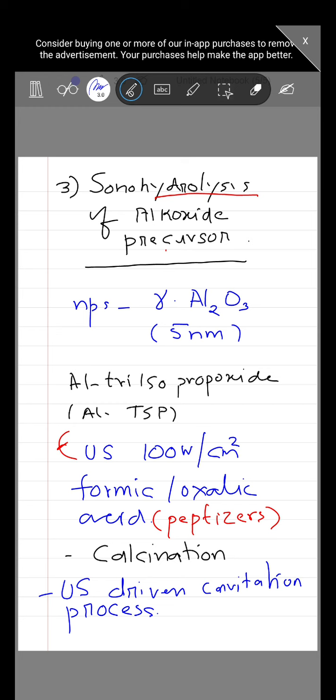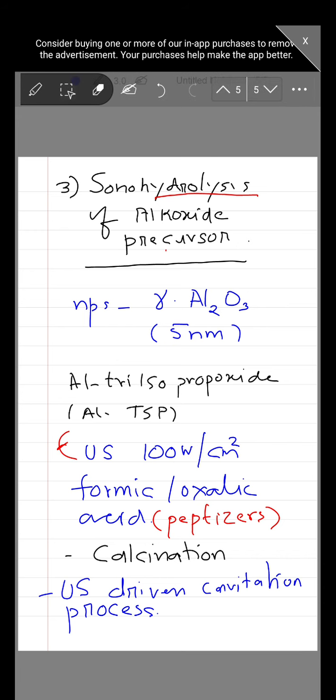And so what happens is the mechanism in fact is the agglomeration of interparticle hydroxyls taking place. So it's agglomeration of interparticle hydroxyls.